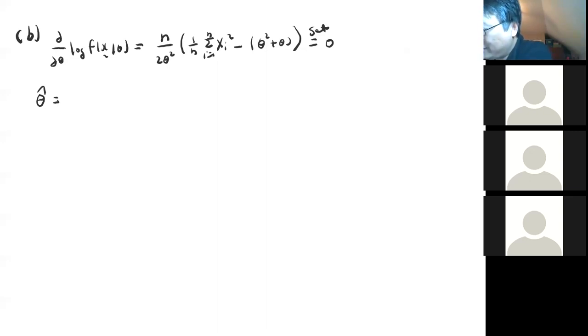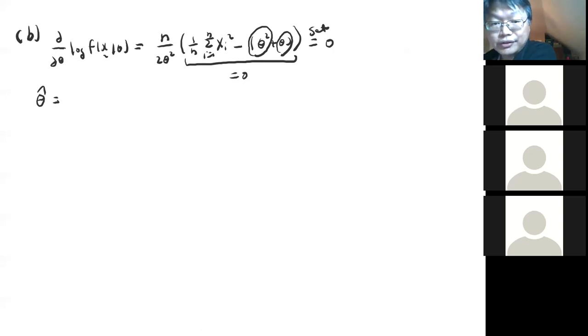High school math, you guys figure that out. You have theta square, theta, you have something as theta square right here, right? So basically, the only thing to solve is what? This function equals 0. Good. So you have theta square, theta, and you're solving for equal to 0.